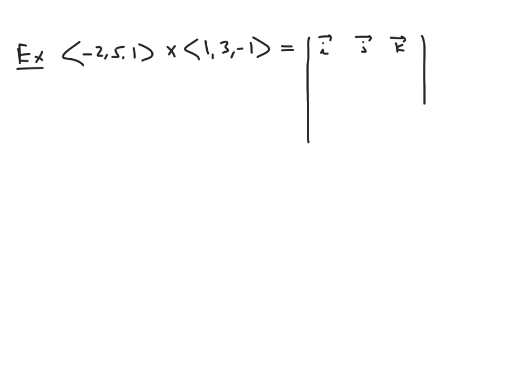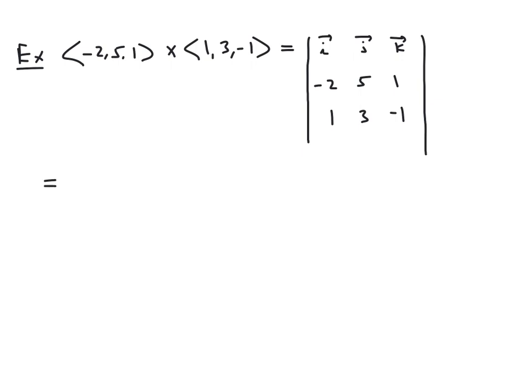So we'll have i, j, and k across the top. Our second row will be the entries of the first vector, -2, 5, and 1. And the last row will be the entries of our second vector, 1, 3, -1.